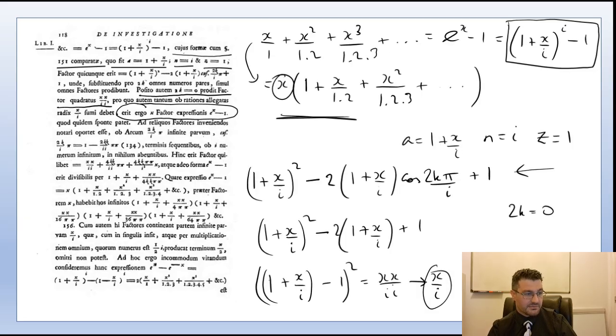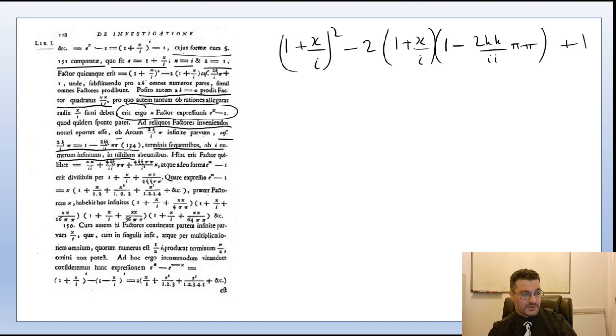So I'm dealing with this here, plus 1, which after simplification yields this expression here.